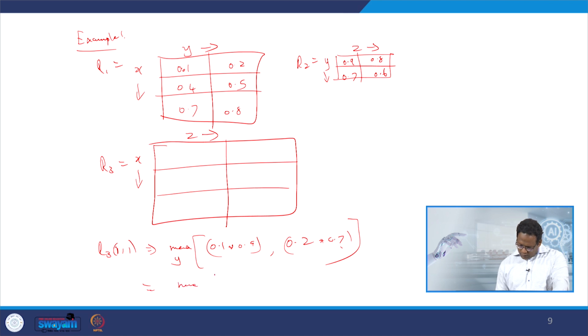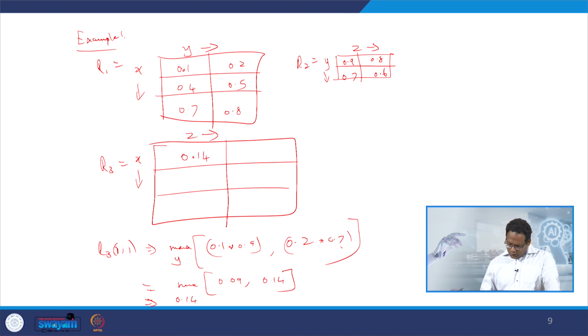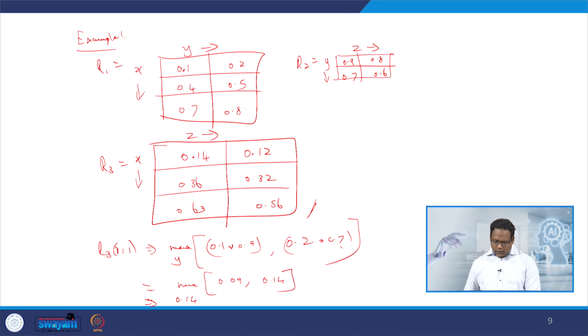So, the maximum of 0.09 comma 0.14, which is 0.14. So, this guy is 0.14. The element R3 of 1 comma 1 is 0.14. Likewise, we can get the other elements as 0.12, 0.36, 0.32, 0.63, 0.56 for R3 using fuzzy max product composition. Okay. So, now you can cross check these answers.